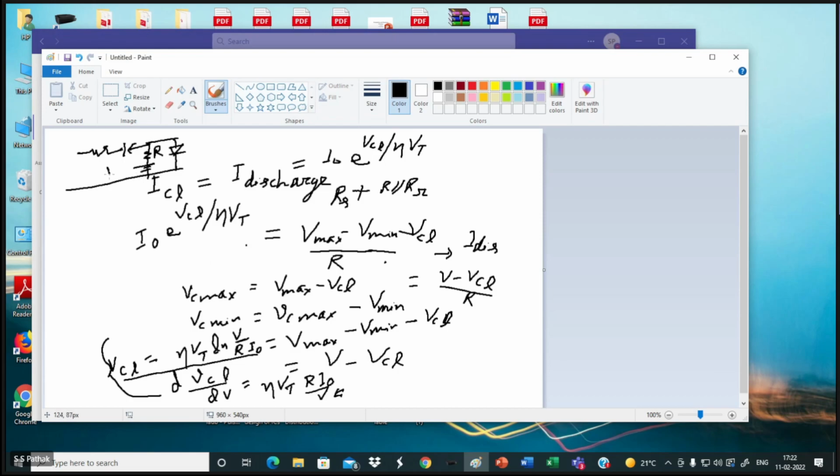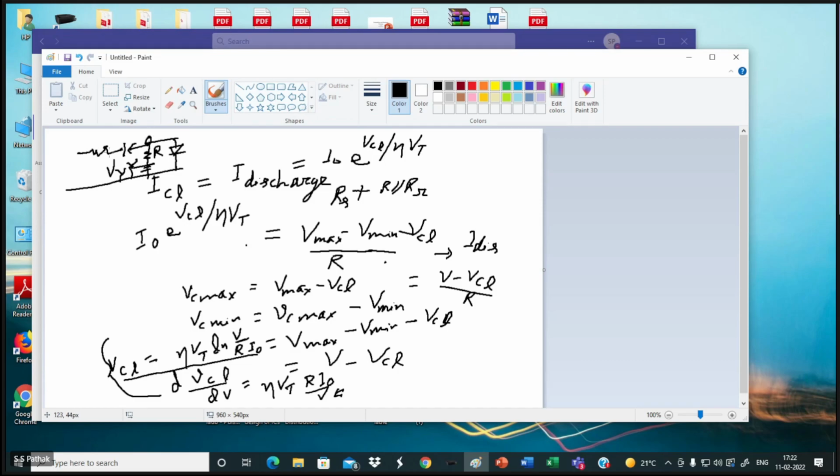Suppose I am putting this as VYY, a DC voltage. So VYY will get added to this V. Current will be changing accordingly because VYY and V will get added, divided by R. So the voltage V appearing across the diode over here.